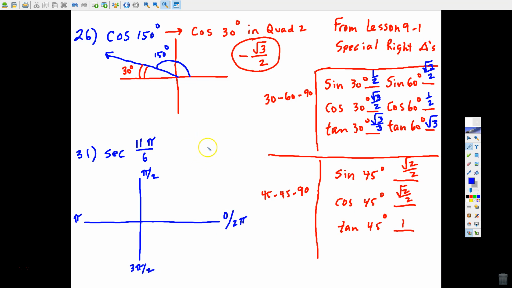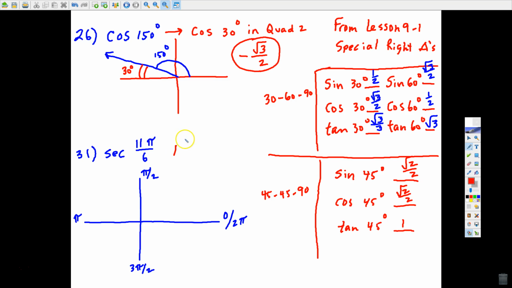All right, so for 11 pi over 6, that's real close to 2 pi, because 2 pi would be 12 pi over 6. You could think of 11 pi over 6 as a mixed number if it helps.